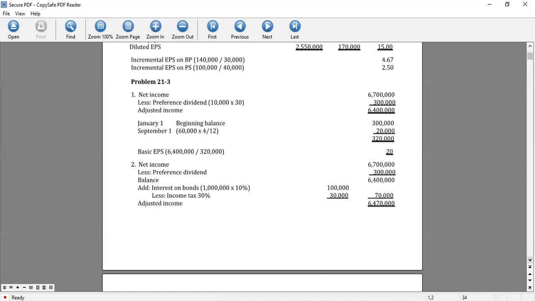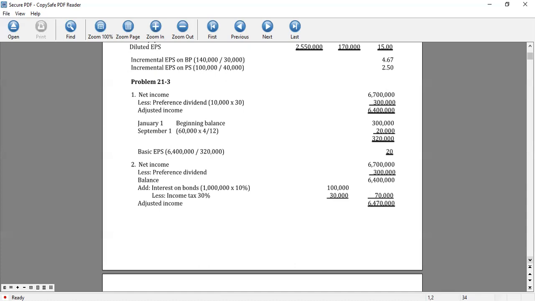The entity provided the following additional information. On September 1, 2020, the entity sold 60,000 additional ordinary shares. So meaning it issued additional 60,000 ordinary shares. That's why in 2019, the ordinary shares total was only 300,000.